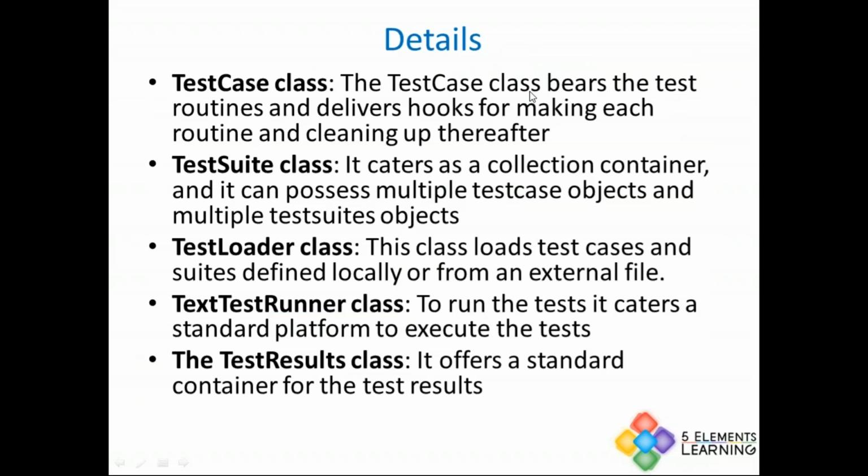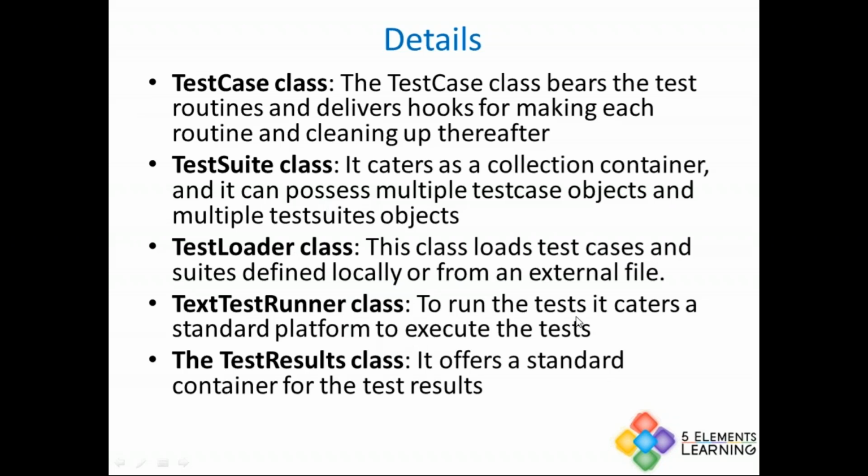The test case class bears the test routines, and it provides us information for setup, tear down and the actual test for every individual test. The test suite class is a container class and it possesses multiple test case objects. The test loader class loads the test cases and suites which are defined locally or from an external file.